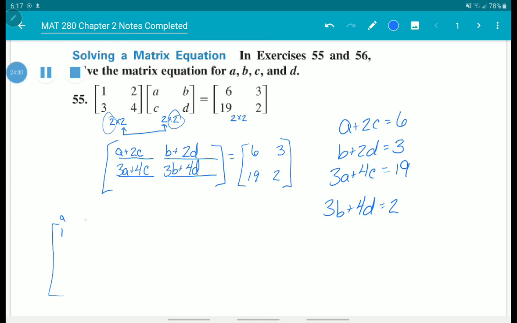So A column, B column, C column, and D column. A, B, C, D. There's your first equation. Second equation. Third.